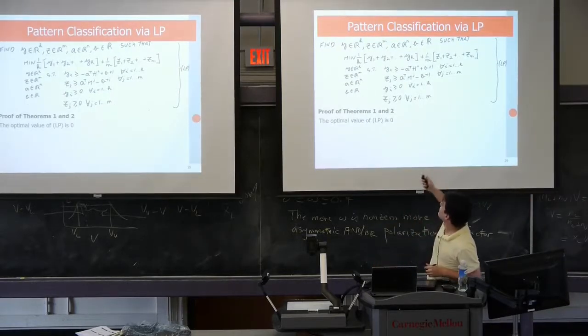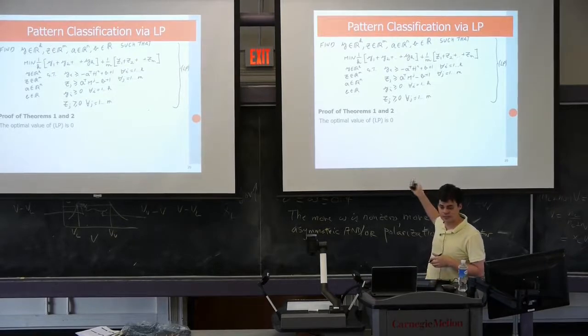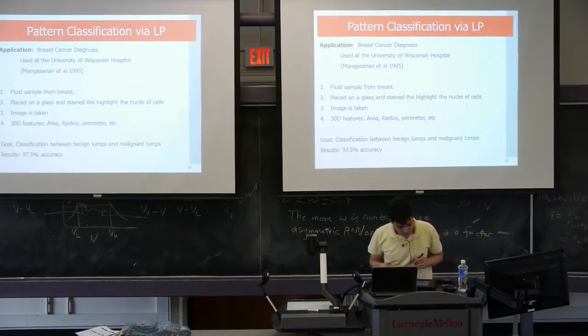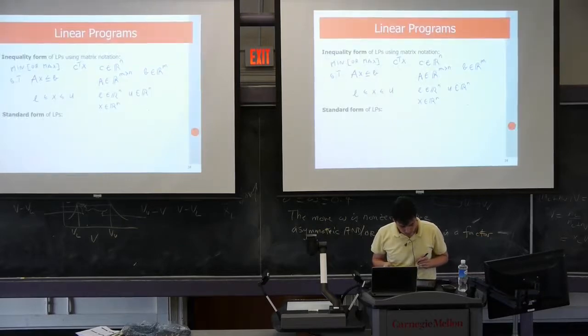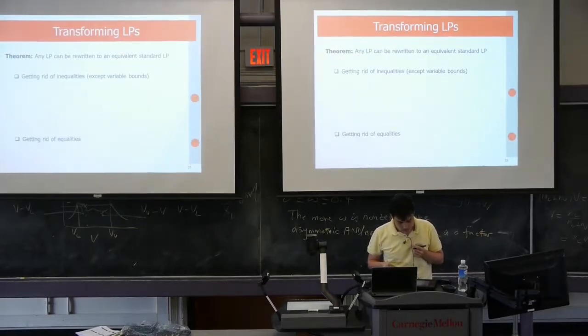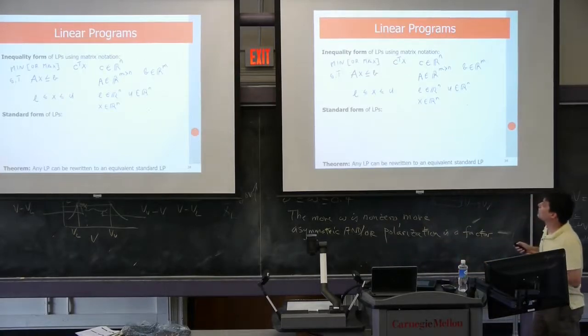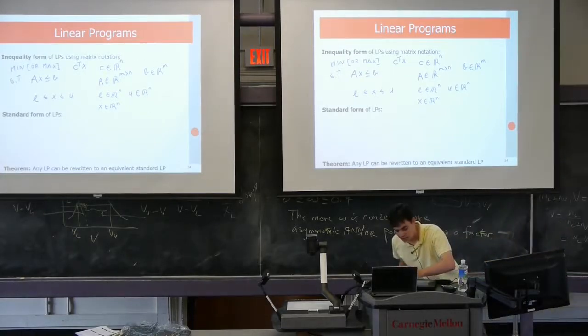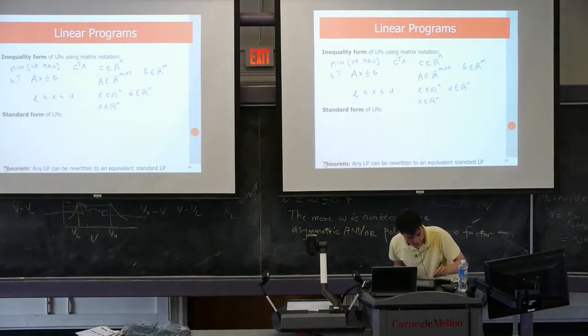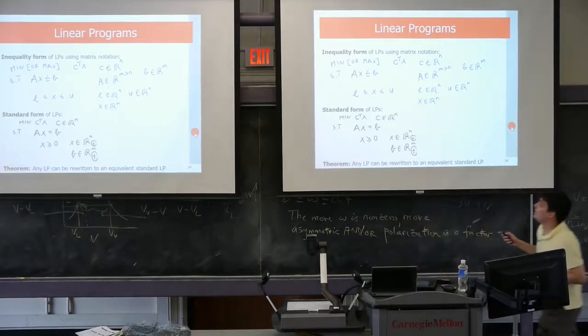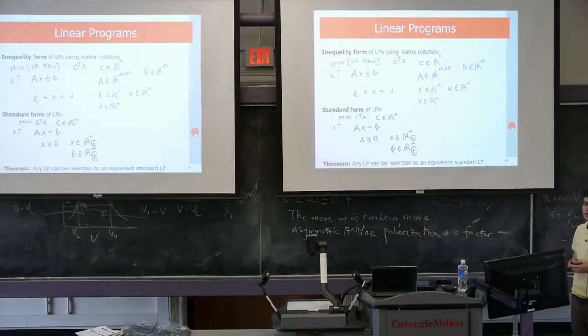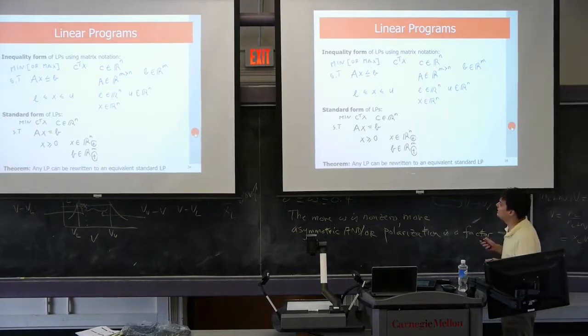And then we discussed that this linear program would solve the classification problem. And then we discussed how to transform any linear program to standard form, where by standard form we mean that your goal is to minimize C transpose X such that AX equals B and X is non-negative.